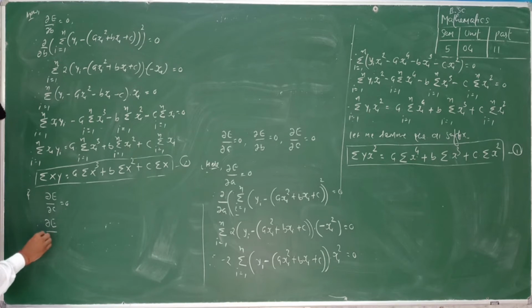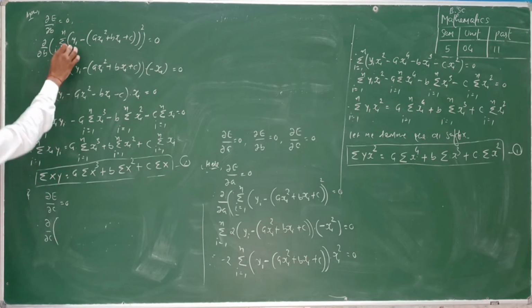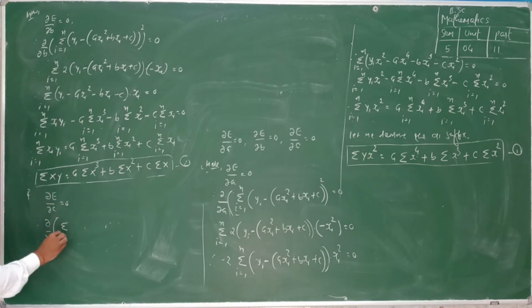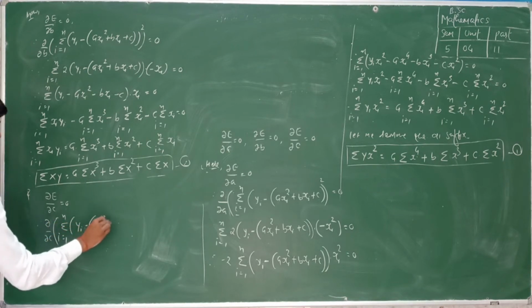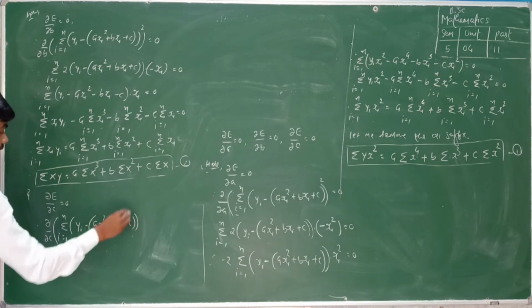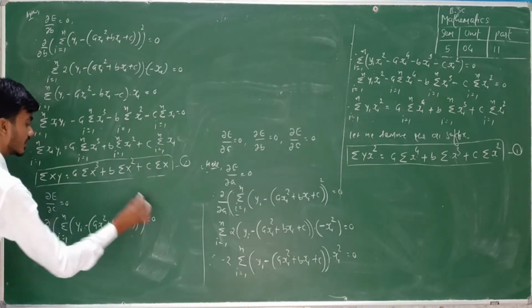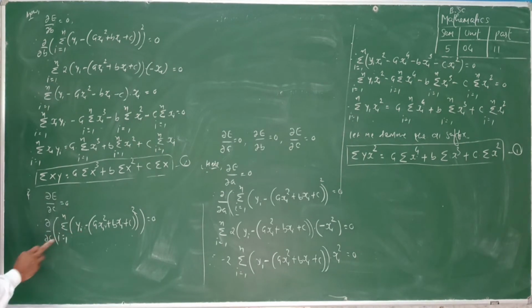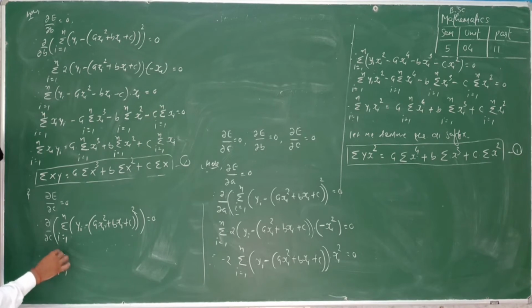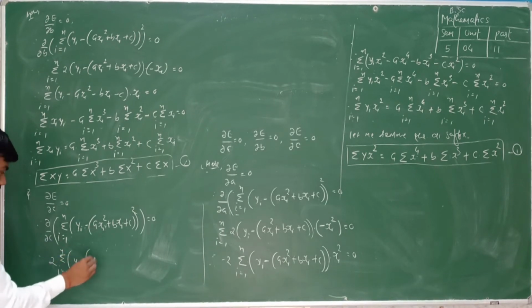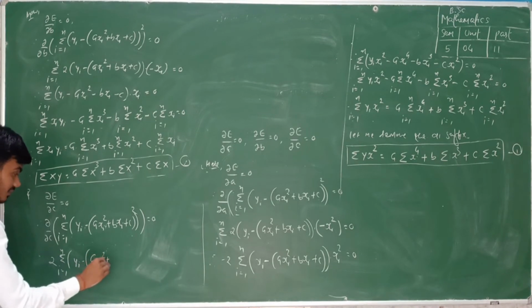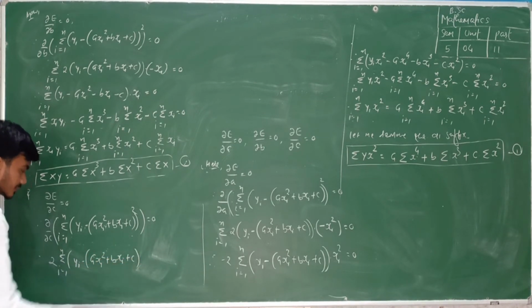So del E by del C, E, that means sigma i = 1 to n yi minus (axi square plus bxi plus c) whole square is equal to 0. With respect to partial differentiation of this term with respect to c, 2 comes in front, so 2 into sigma i = 1 to n yi minus (axi square plus bxi plus c).